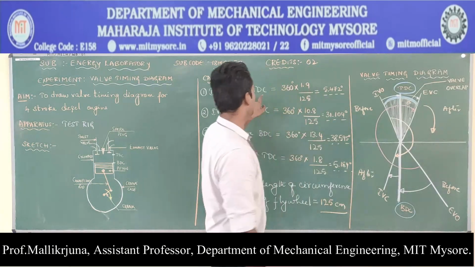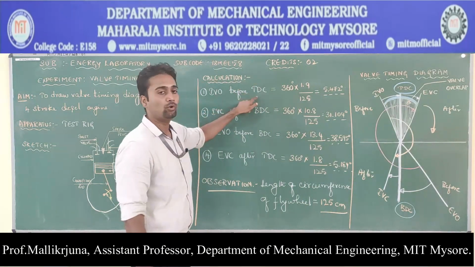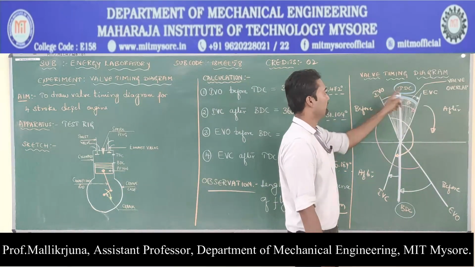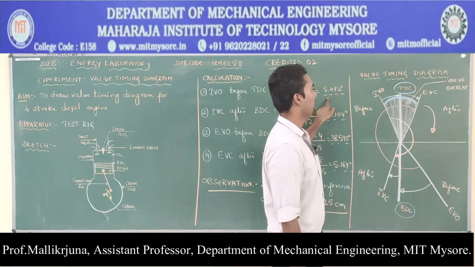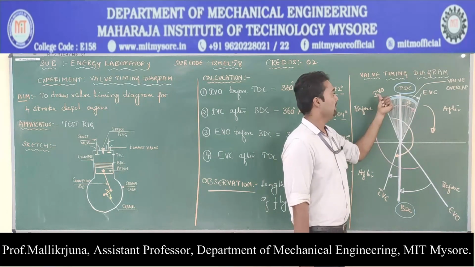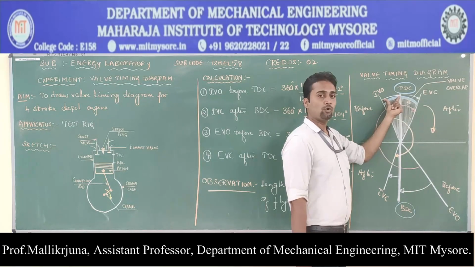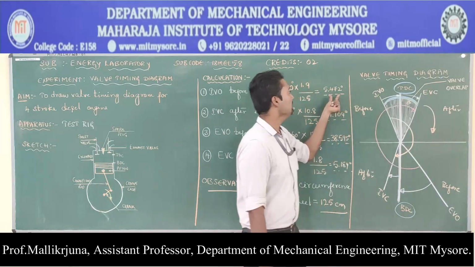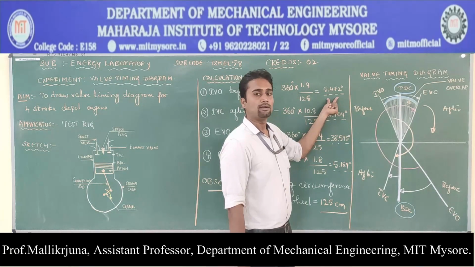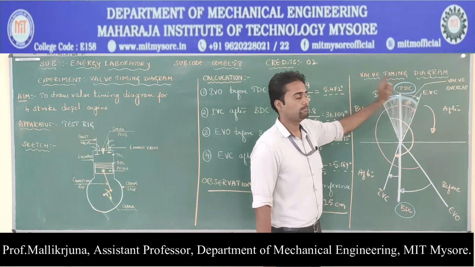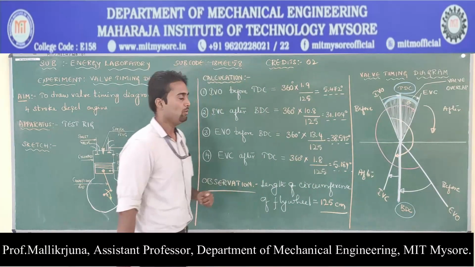Now please look at the reading. Inlet valve opens before TDC, in the sense to the left of the TDC. What is the angle? 5.472 degrees. So this is the inlet valve opening with respect to TDC. Before TDC, the inlet valve is opening and this angle is 5.472 degrees. I have expressed that with respect to the TDC. That is the inlet valve opening.